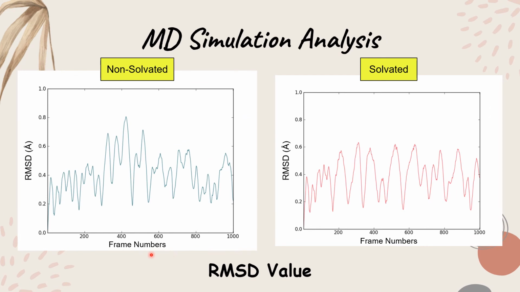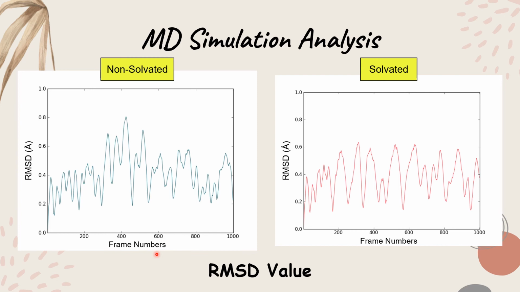Here are two graphs showing the effect of quercetin RMSD upon trajectory frame number. RMSD is an abbreviation of root mean square deviation, where it has a threshold of between 0.5 and 3 in this case. The first graph shows the RMSD values of unsolvated quercetin, where it specifies stability between frame number 550 and 800.